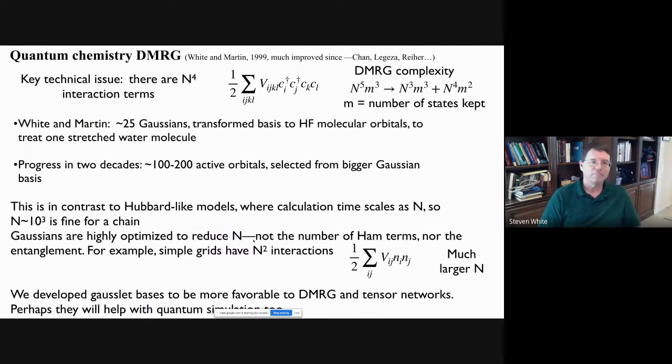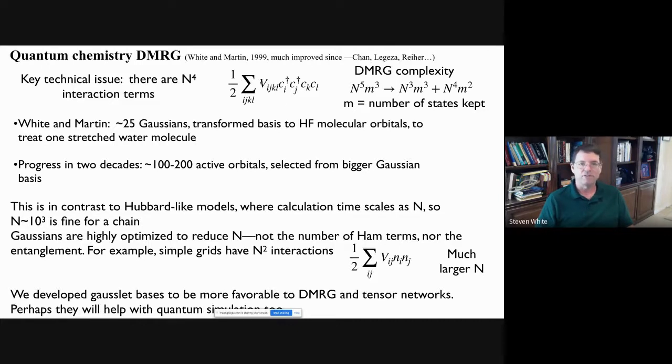So let me say a little bit about the quantum chemistry DMRG. It started with my work with Richard Martin back in 1999. It's been improved a lot since, with people quite a bit represented in this conference. But the key technical issue is that there are N to the fourth interaction terms. This is just the standard form of the Hamiltonian in a basis set.